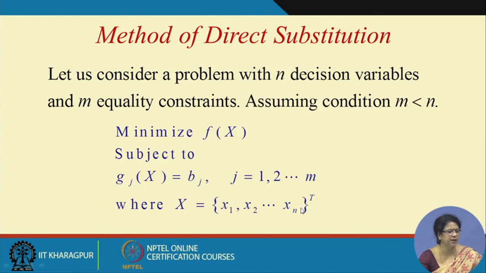One by one, let me consider this direct substitution method for a nonlinear problem of this type. Always you need to consider M must be lesser than N, then only the problem is complicated. If M is equal to N, the problem is very simple for us. We will get an exact number of points and we will get the optimal solution very easily.